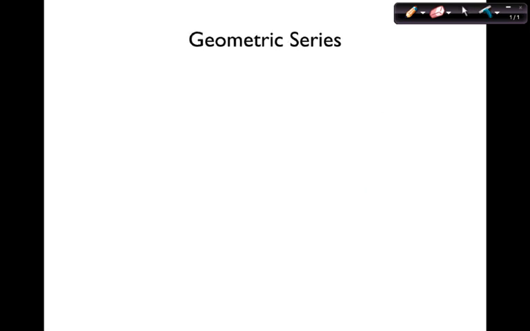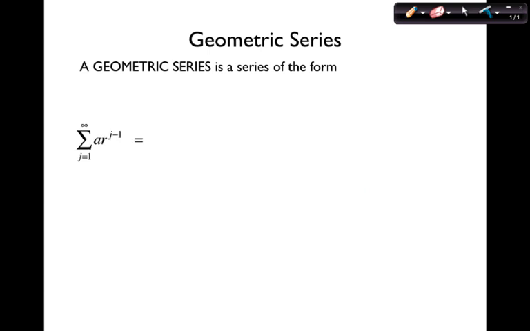Okay, so let's talk about geometric series. We talked about p sequences and p series. We talked about geometric sequences, so what about geometric series? A geometric series is of the form like this. Notice there's a coefficient we didn't talk about before.